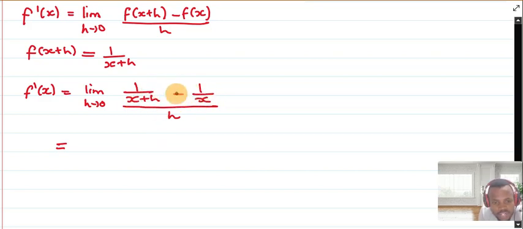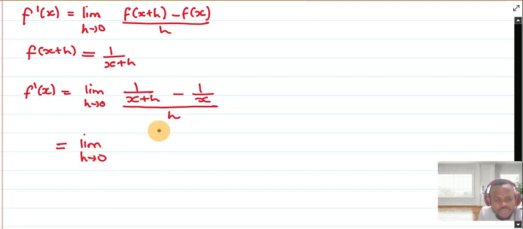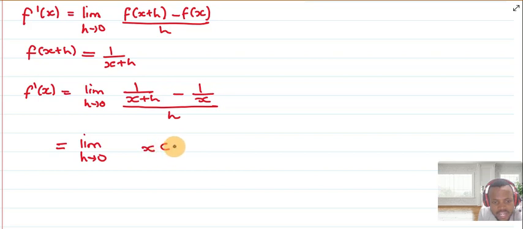On the numerator part, we can find the common factor, since the numerator is also a fraction. So the limit as h approaches 0, here you can take x and x plus h as a common factor, or as an LCD, all over x times x plus h.